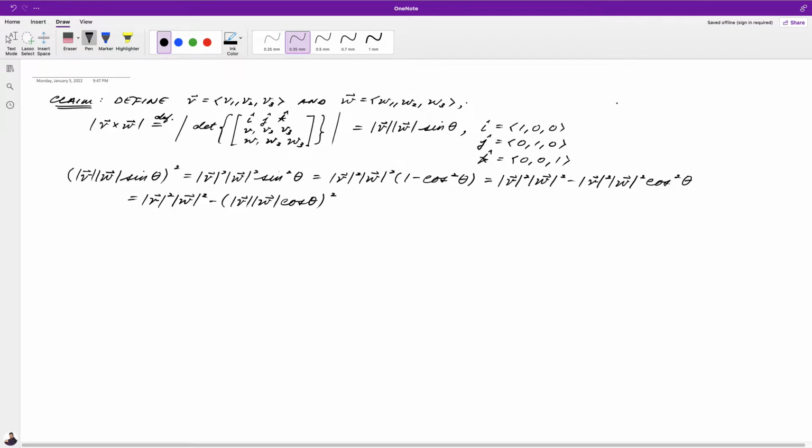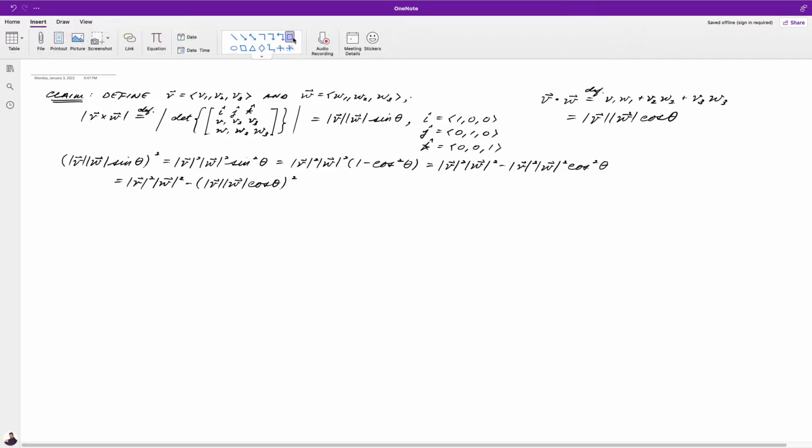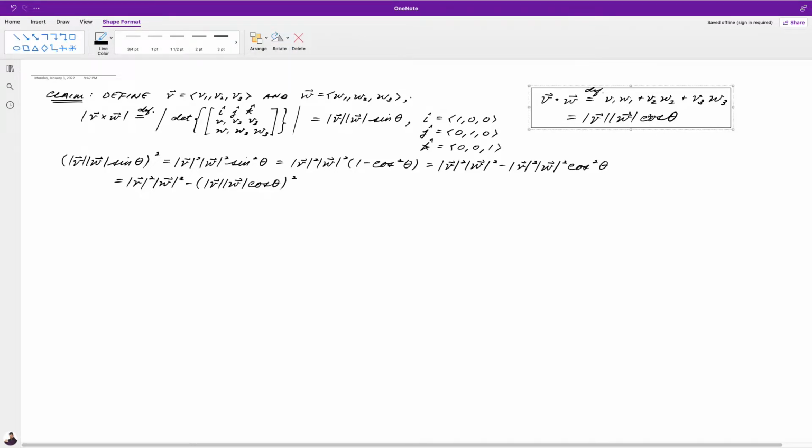But the dot product between V and W is by definition V1 W1 plus V2 W2 plus V3 W3, but that alternatively can be thought about as the magnitude of V times the magnitude of W times the cosine of the angle in between the two vectors. So that right there we are going to use.